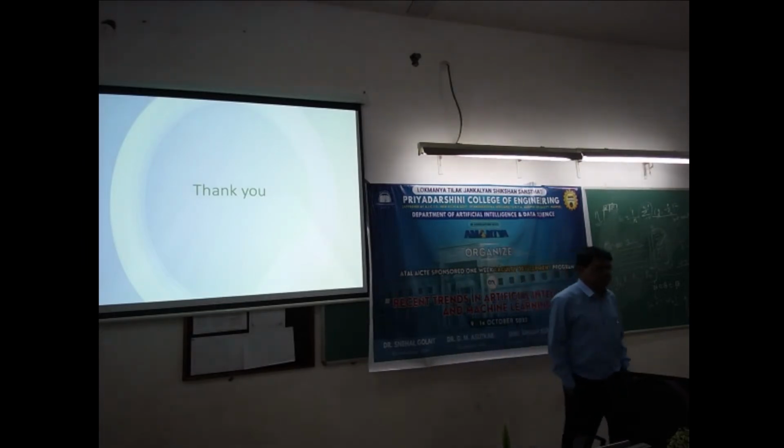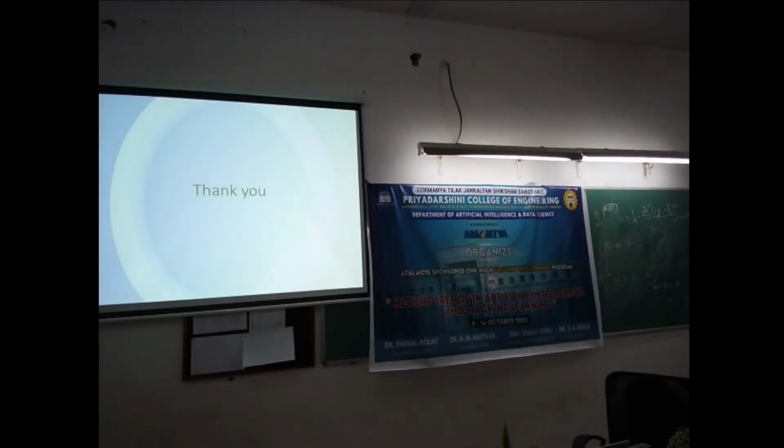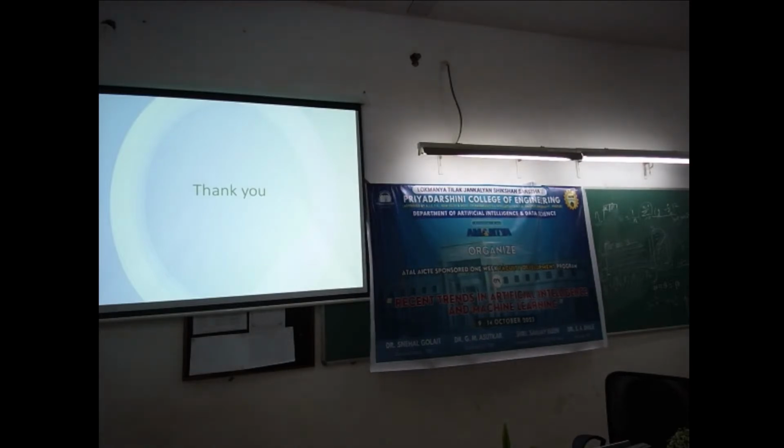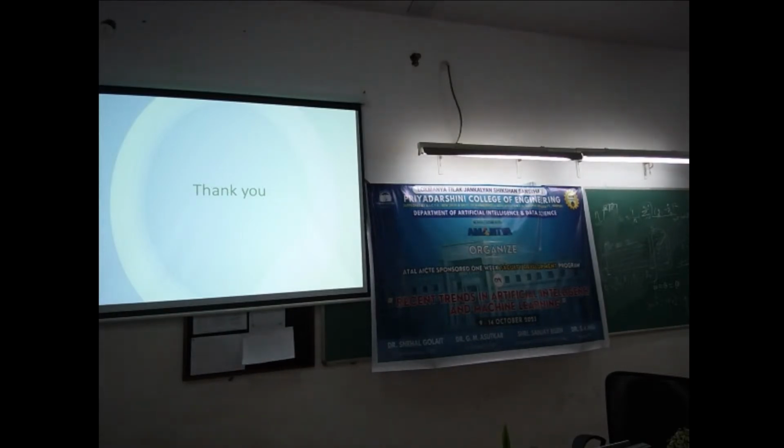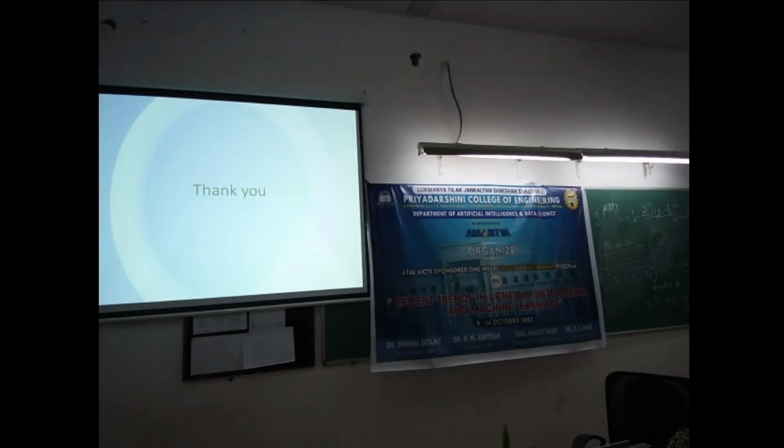Any doubts you are having? I request all of you, I will give you the code, and I will share it. Just try the code given, try with different values of learning rate, which you can change. You can even pick the MSE threshold, mean square error threshold, and see finally what m and c you are getting, how it is varying.